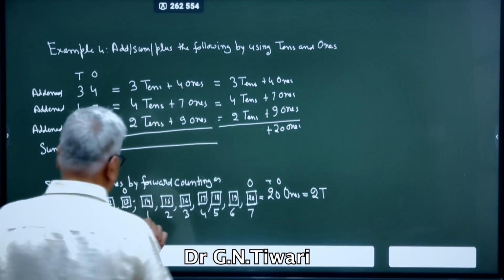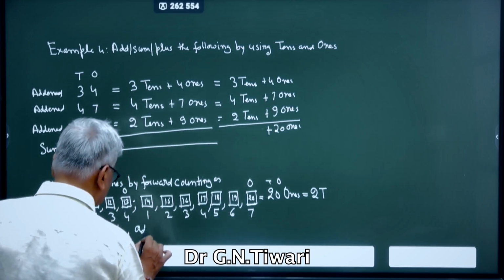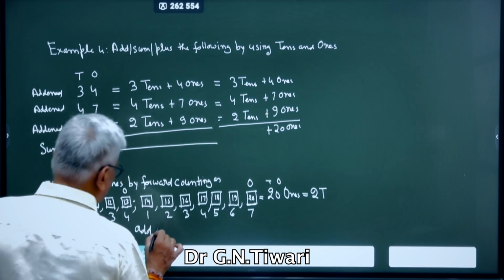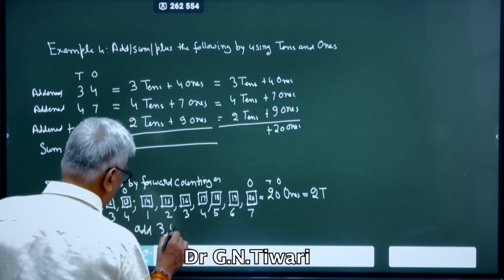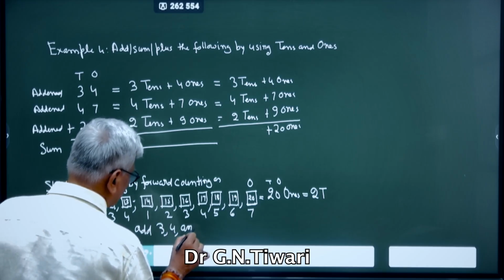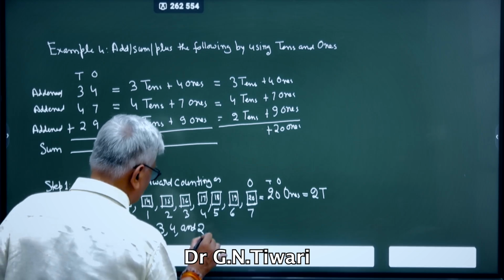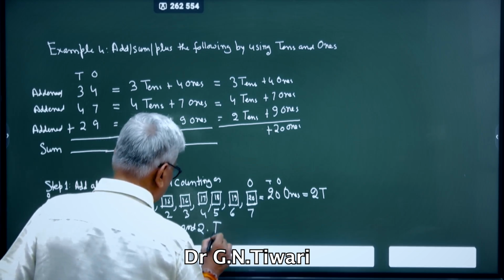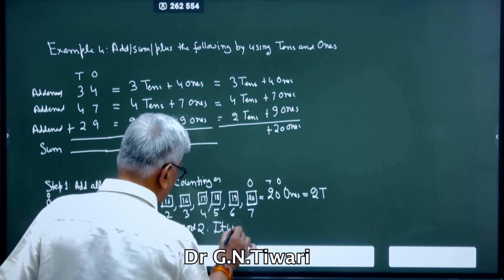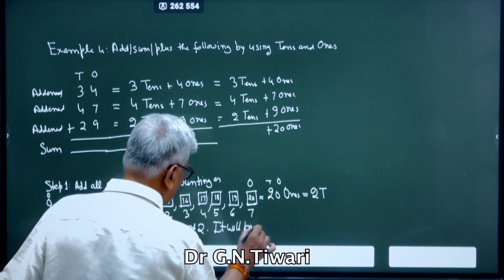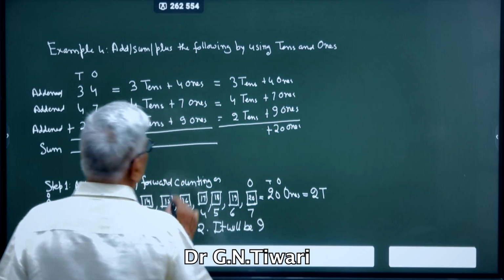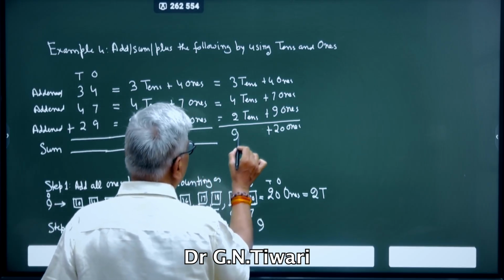Similarly, add 3, 4, and 2, and 2. It will be 9. So here it is going to be 9 tens.